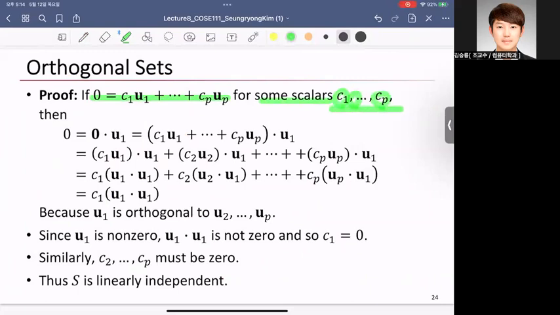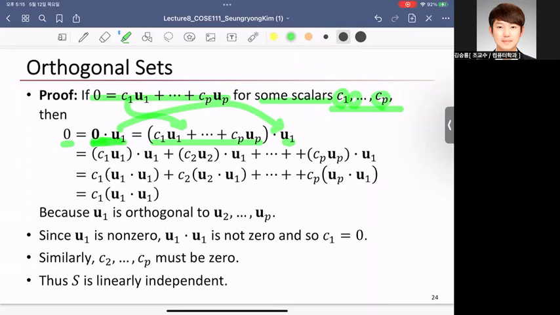Then 0 is going to be the zero vector times u1. The zero vector times u1 is still 0. So it's going to be c1 u1 plus cp up inner product u1.